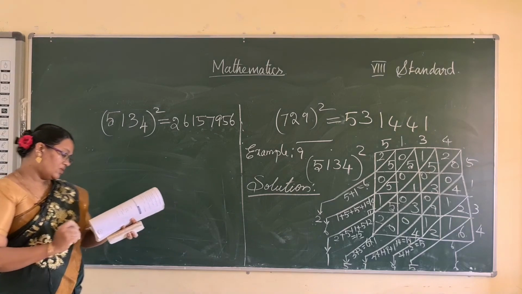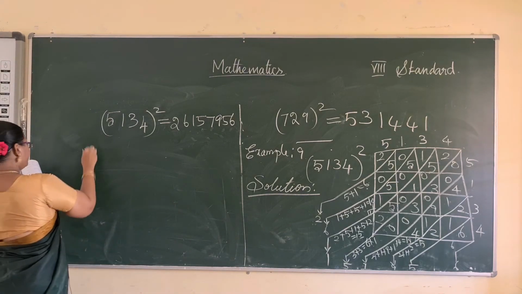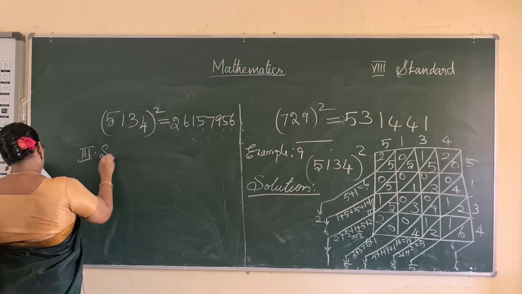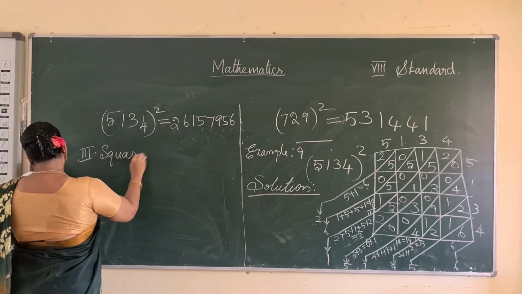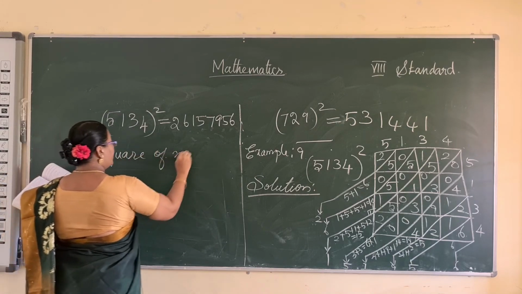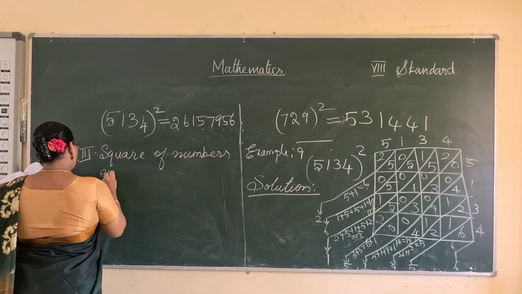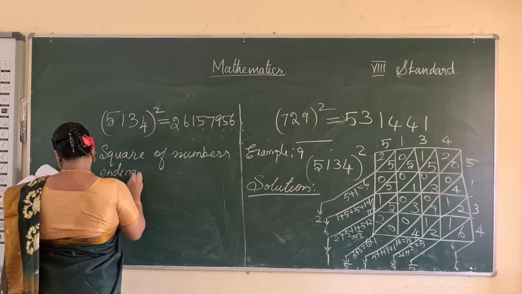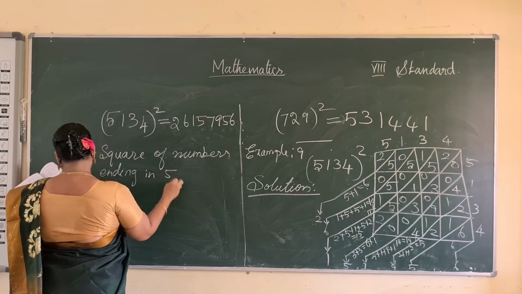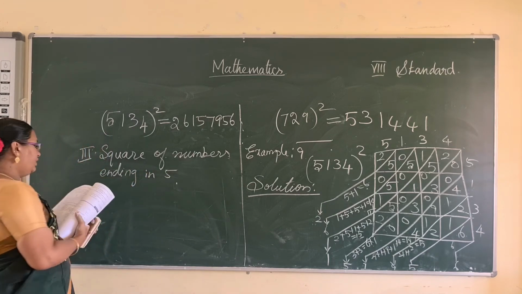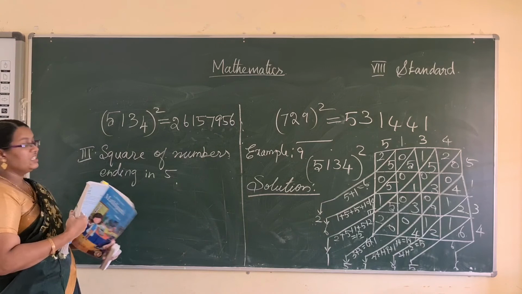Now see the third method. Square of a number ending in 5. Okay, so a number ending with 5, how do we do this? Shortcut method.